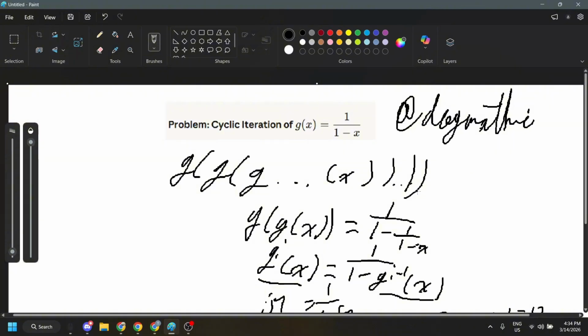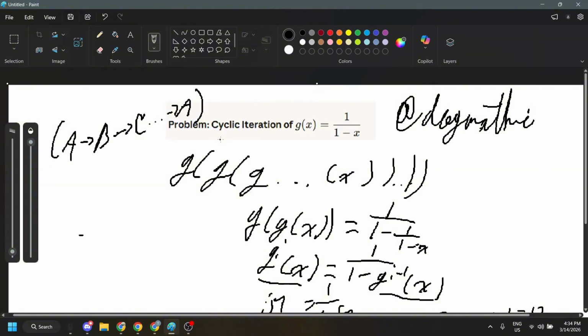Yeah, so it's like a cycle. Oh, I see. It's like you're going to have A to B to C dot dot dot back to A. So how do we find that?